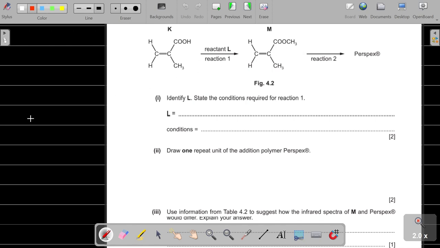You can see it is C double bond O, then O, and then CH3. If I break the molecule from here, I will get C double bond O, a positive carbon, which attaches with a negative OH, carboxyl, plus I will get HO methanol. So L is actually methanol, CH3OH.